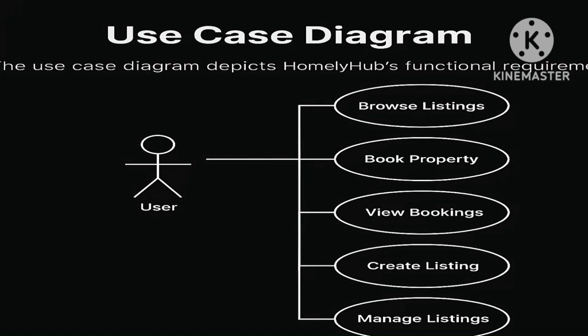Book a property according to their requirements and preferences. View their bookings, as our project provides the past history of their bookings. Create a listing: if he or she has their own properties to rent out to others to earn money, they can list their own property and manage their listings also.